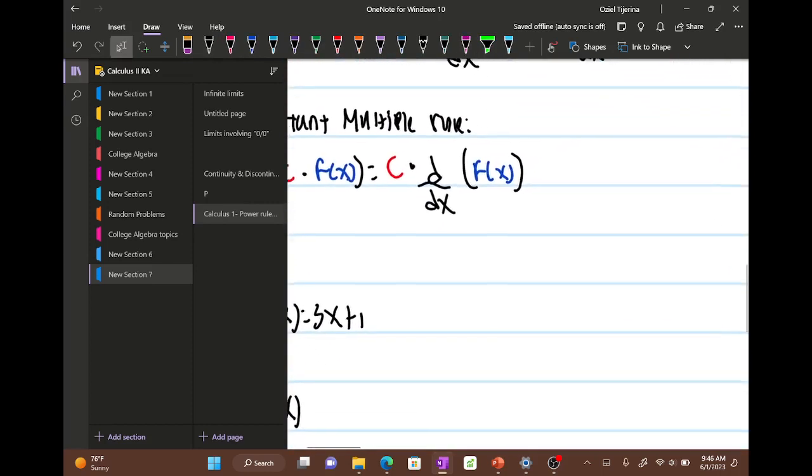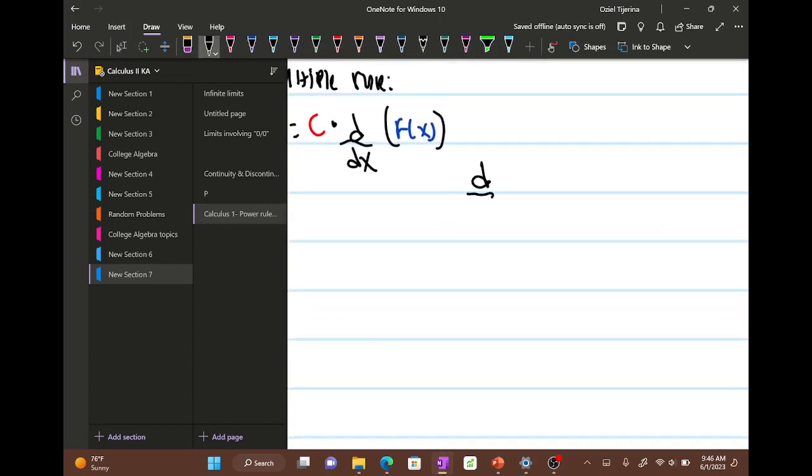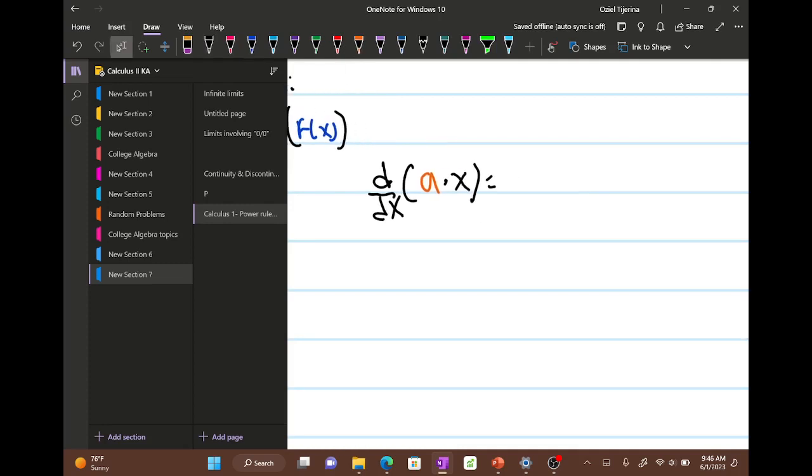We know that the derivative of some number a times x is just a. That's because the slope of x, y equals x, is 1.